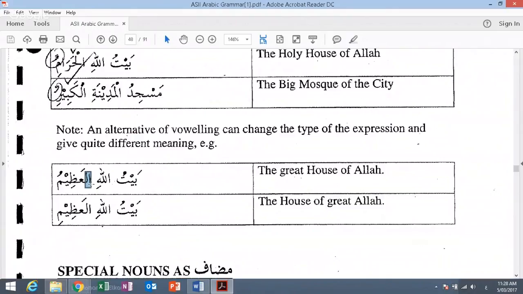So here the example, if you see, Baitullahil Azimu. So Baitullahi is mawsuf, Al-Azimu is sifat. So this sifa is for Baitullahi. You understand?